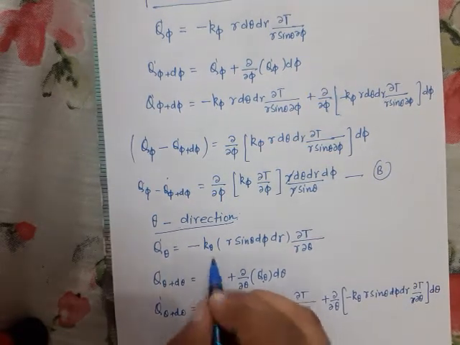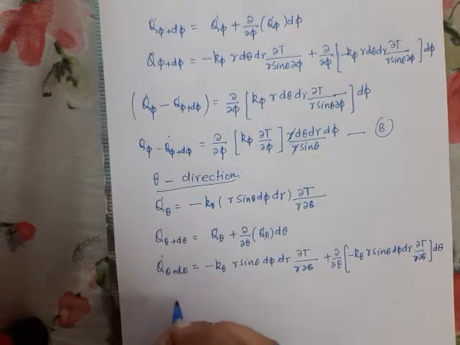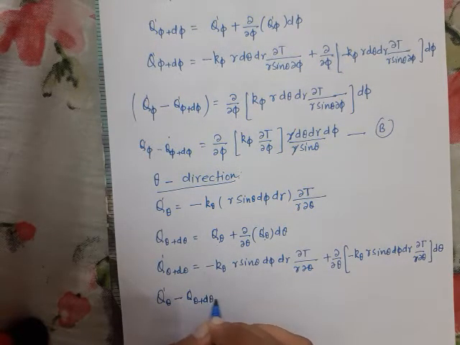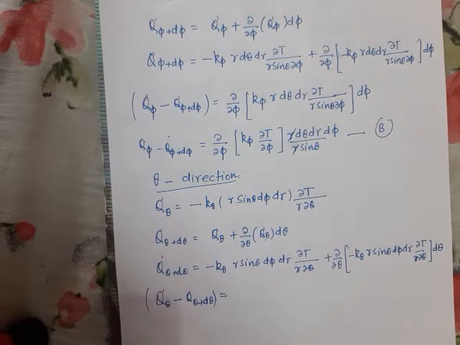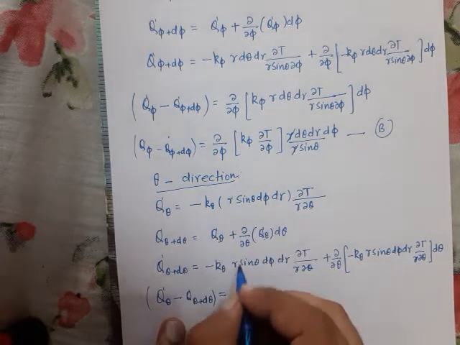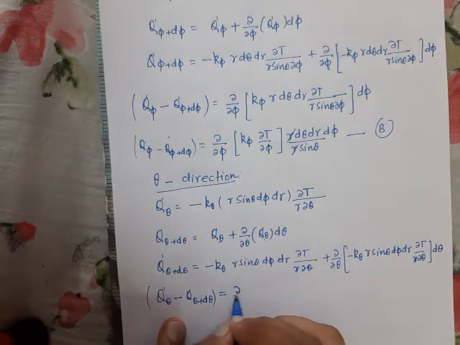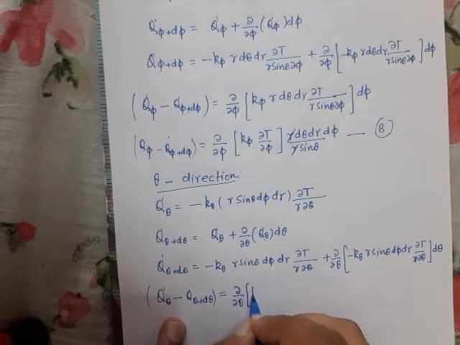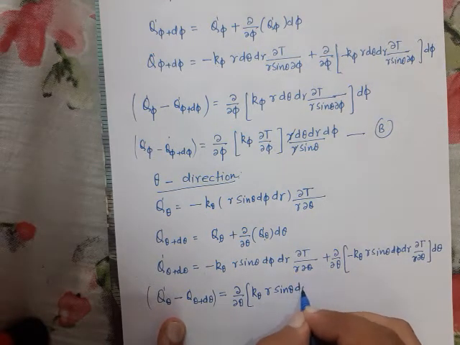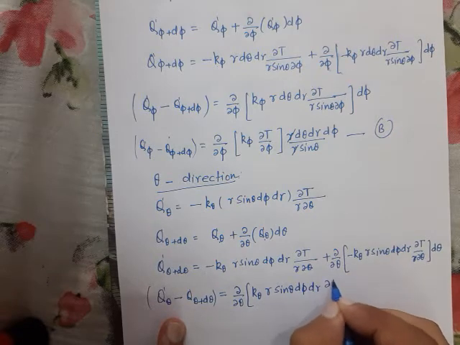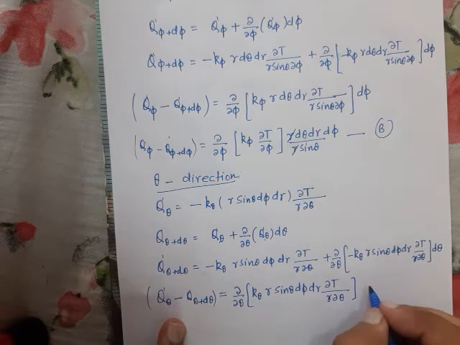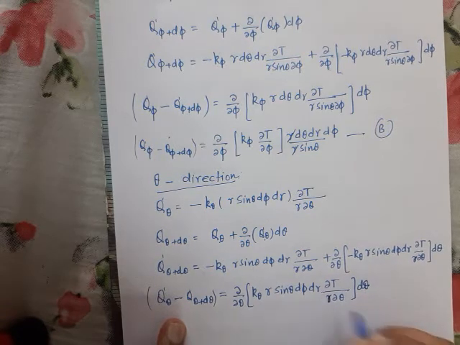Simply the values have been put down. Now again I have to write q theta minus q theta plus d theta, which would be equal to: this term gets cancelled out, this term remains, del upon del theta of k theta r sin theta d phi dr del t upon r del theta into d theta.